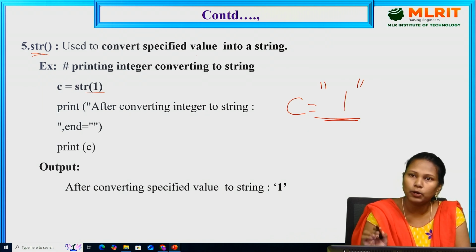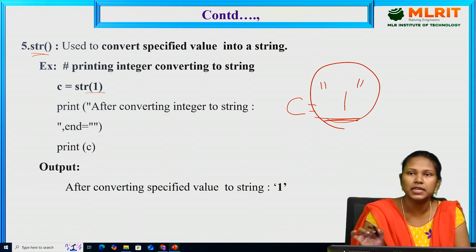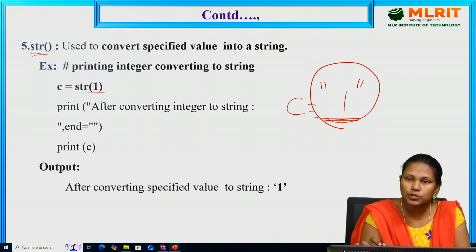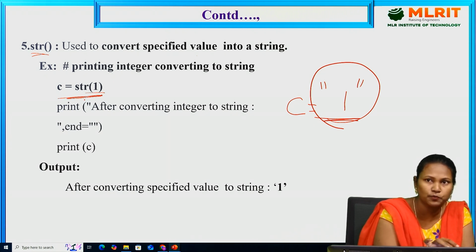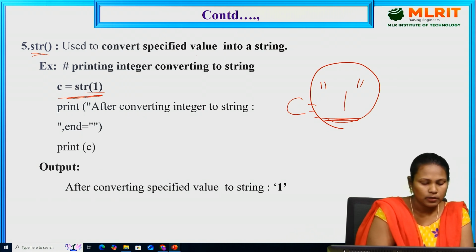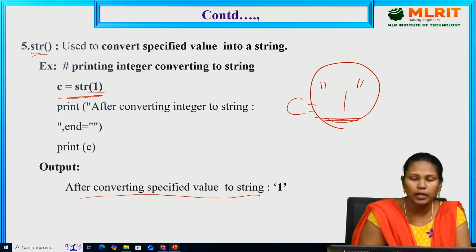If it is in double quotations, by default it is taken as a string. So C is equal to str of 1 means here the 1 is explicitly converted into string type. After converting the specified value to string, the string value is "1".